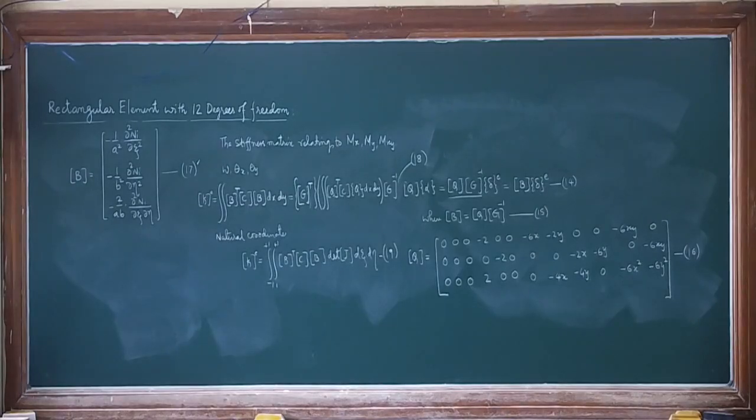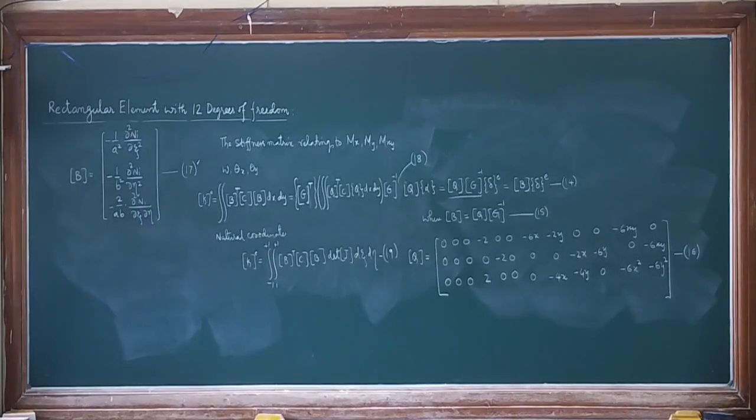And the stiffness matrix, which has the form of B transpose CB, will contain 4th order terms in zeta and eta. Hence, we need 3 by 3 Gaussian integration to get the exact solution of 2n minus 1th order. We have to go for 2n minus 1th order.